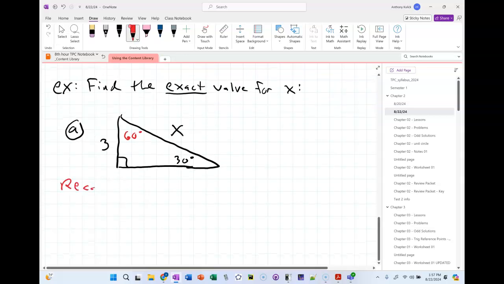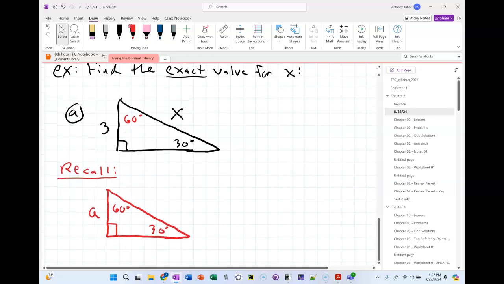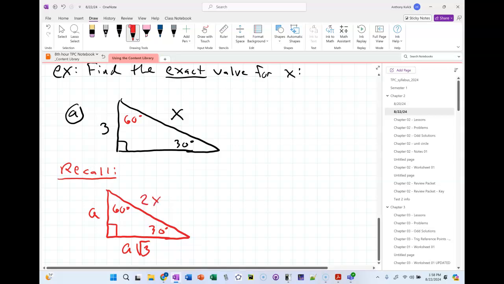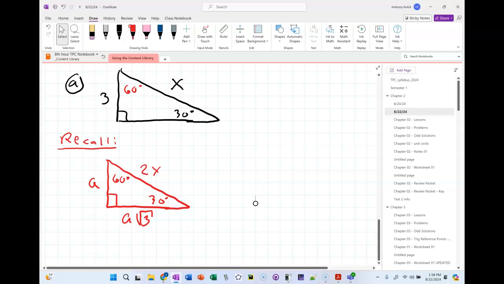Recall we had two special kinds of right triangles where we know the ratio of side lengths. So we have the 30, 60, 90.